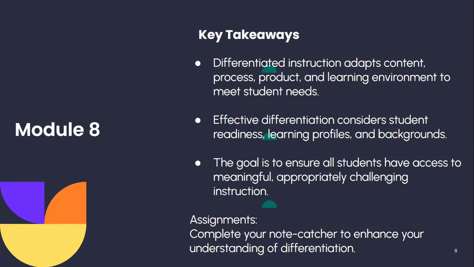To differentiate effectively, teachers must consider 3 student factors: readiness, which refers to students' current skill or understanding; learning profile, which includes learning style, intelligence preferences, and cultural influences; and of course, background.